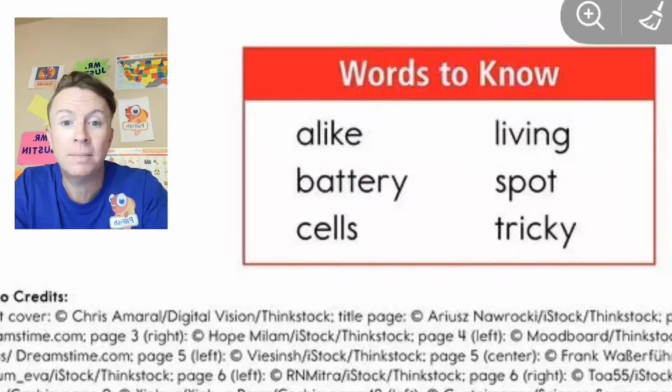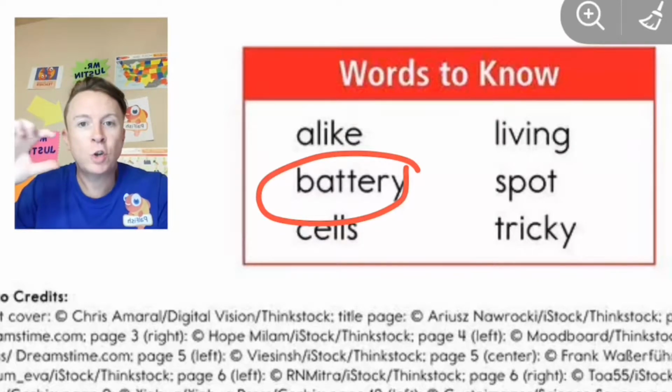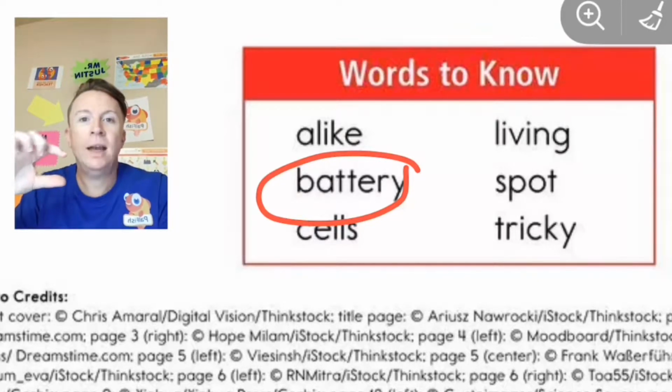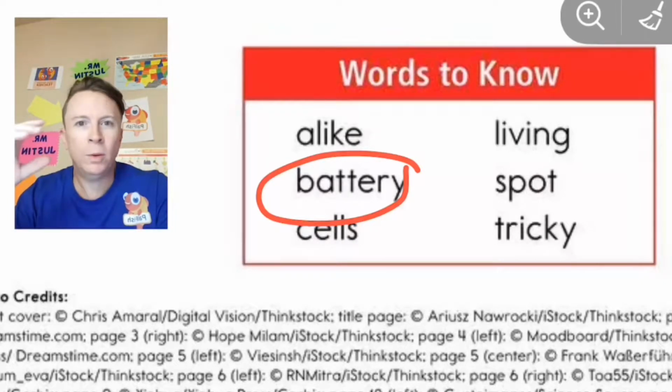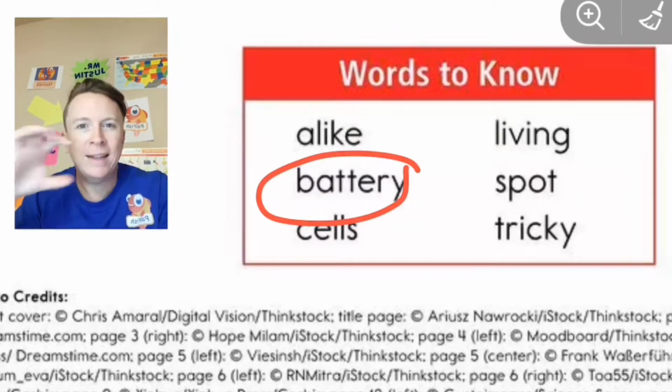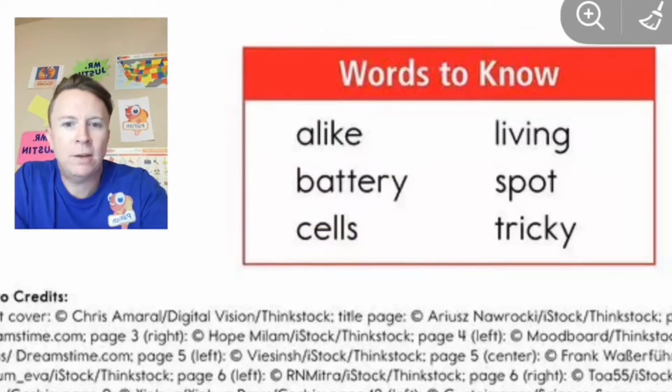They are alike. The word battery. Well, a battery is something that powers my phone. A battery can store energy, and we can take that energy with us wherever we go. It's portable energy. We don't have to plug something into a wall if we have a battery.